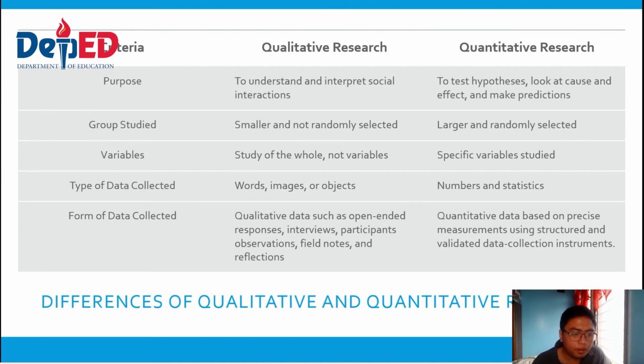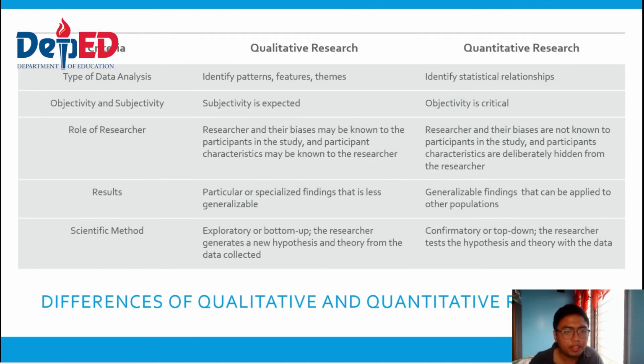Forms of data collected, qualitative data such as open-ended responses, interviews, participant observation, field notes, and reflections. For qualitative research, while quantitative research are more on quantitative data based on precise measurements using structured and validated data collection instruments. Type of data analysis, for qualitative, patterns, features, and themes, while quantitative, statistical relationships.